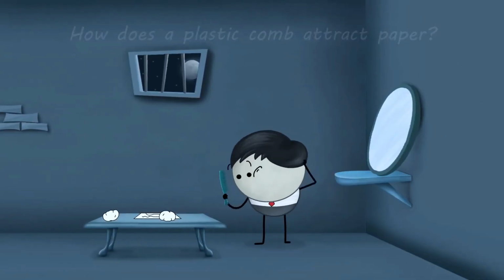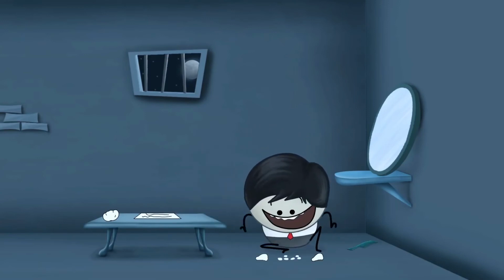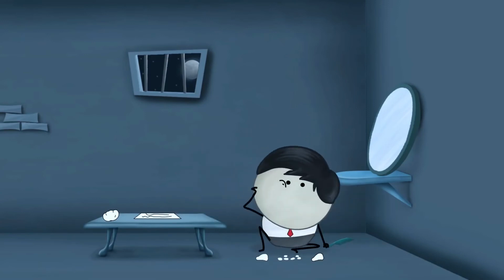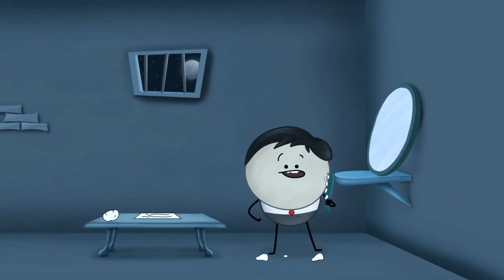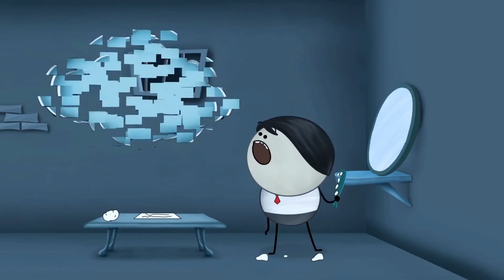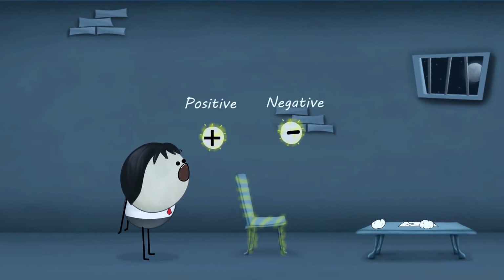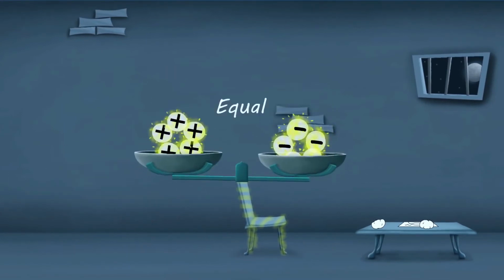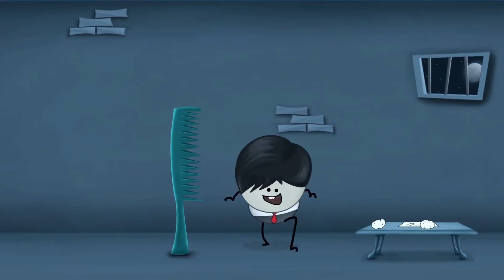Electrical force. Charged objects act in certain ways. 2 objects that have opposite charges attract each other. They pull toward each other. Objects that have the same charge repel each other. Oh, wait a minute.